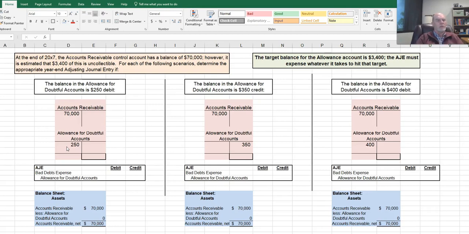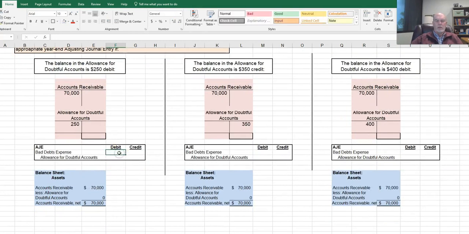So we're going to have to make up for that by recording a little extra expense this year to catch up with it. So in other words, the adjusting entry in this case would be the $3,400 plus we have to offset the $250, so that would be $3,650.